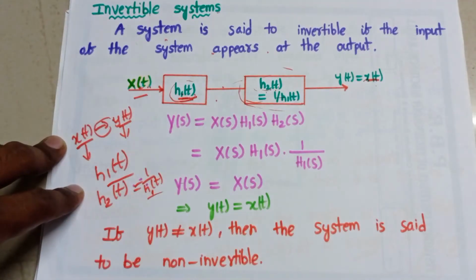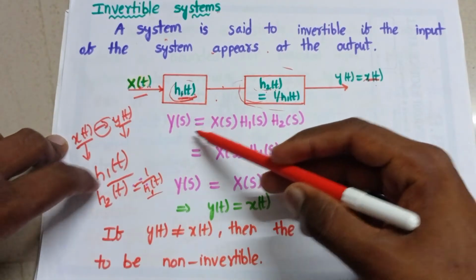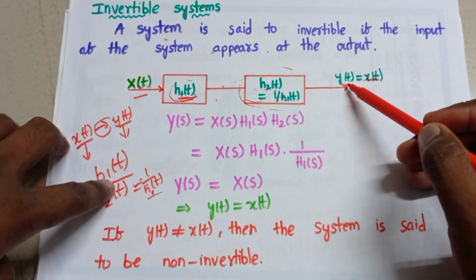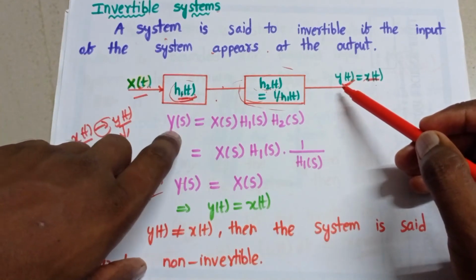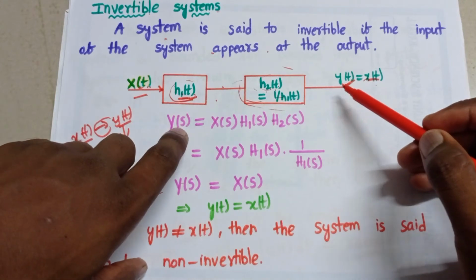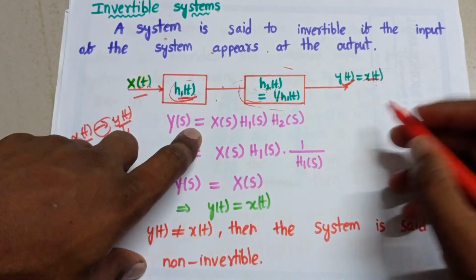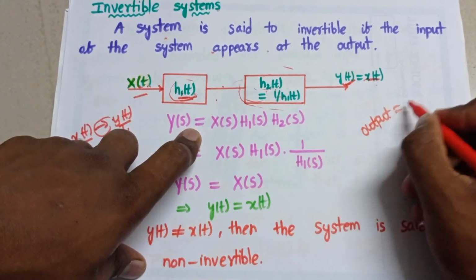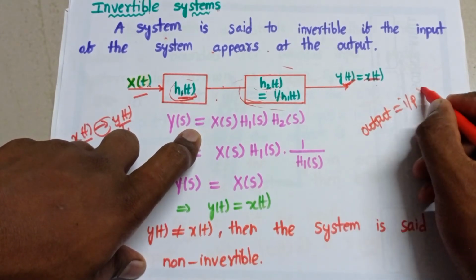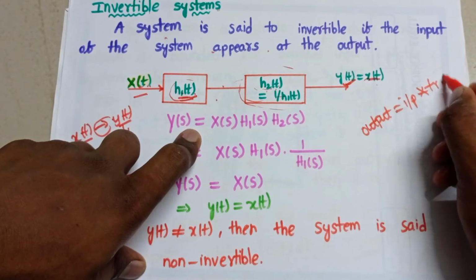Let's consider this in the s domain. Here y of t is the time domain output and y of s is the s domain of the output. We know the formula: output equals input into transfer function.